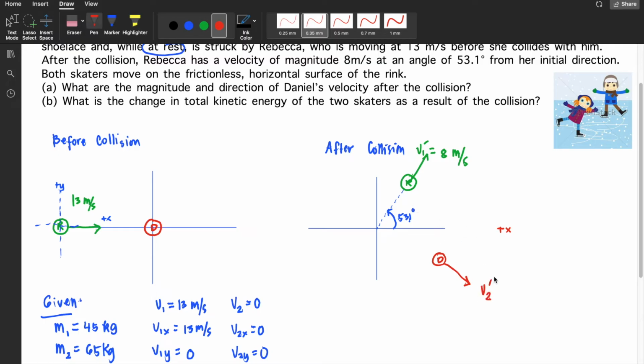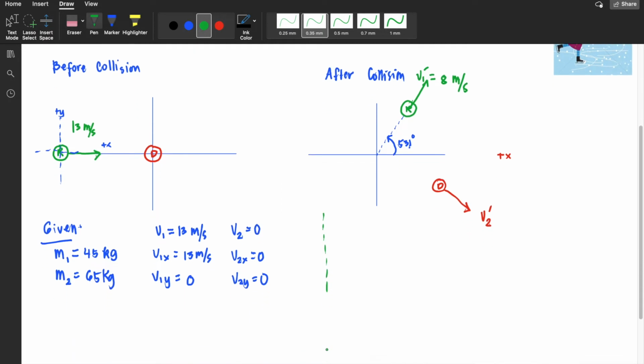After collision, v1 prime has a magnitude of 8 meters per second. If you look at its components, yes, it has x and y components since it's lying along the first quadrant.